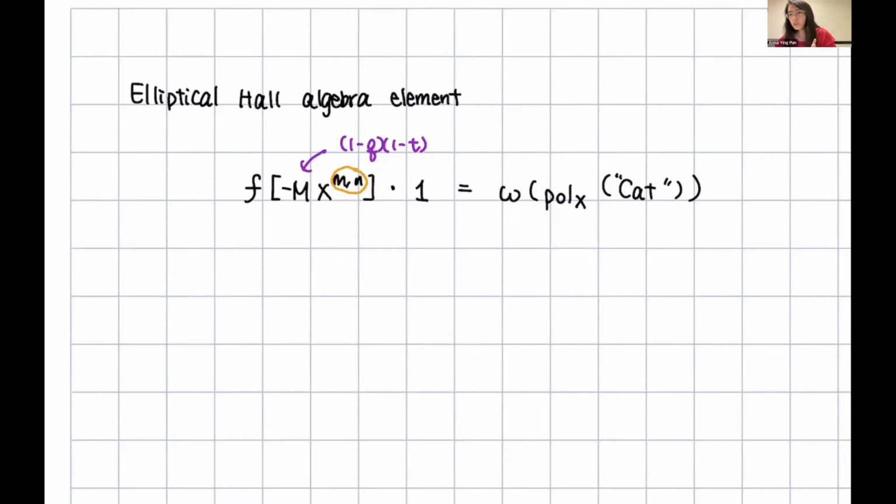So for each f, you can find some Cat associated to it. The Cat is a q,t series, and you take the polynomial part to make sure you can write it in terms of Schur functions, and then you take the omega of it. That is what you get when the elliptical algebra element acts on 1.